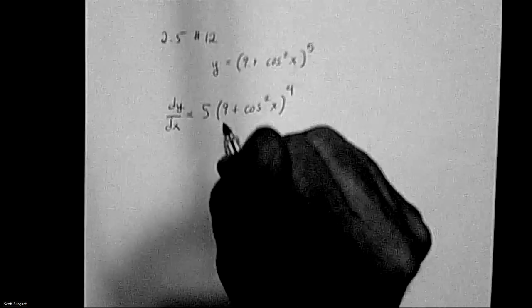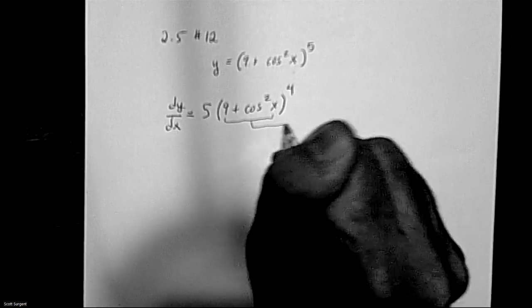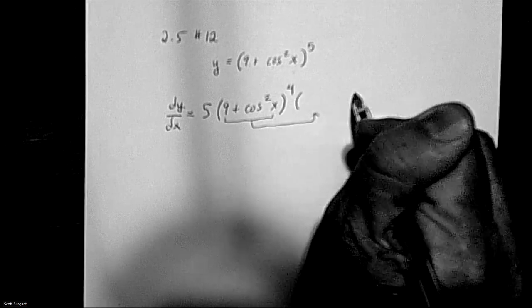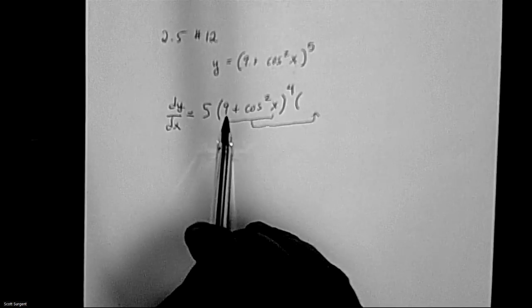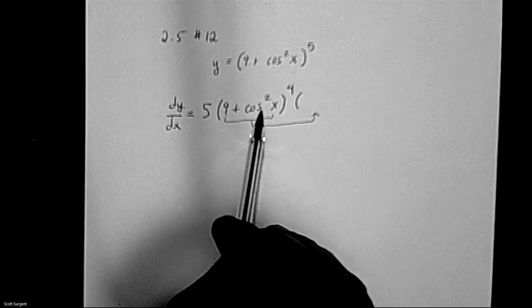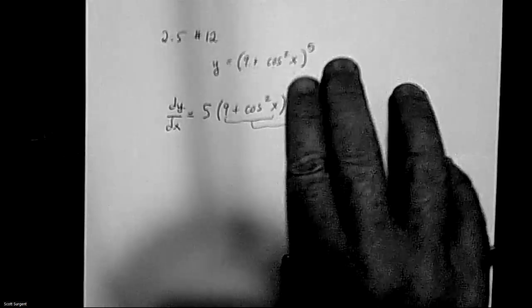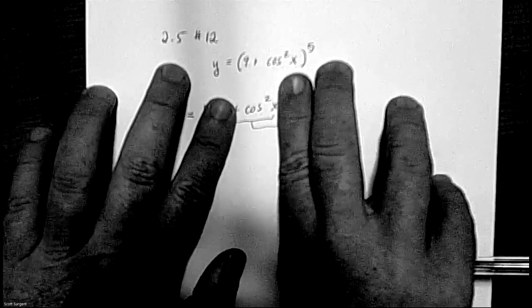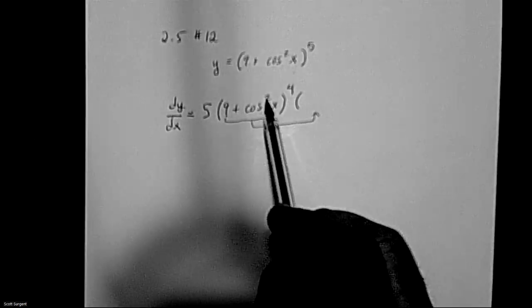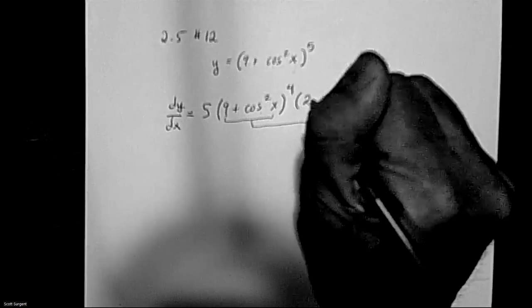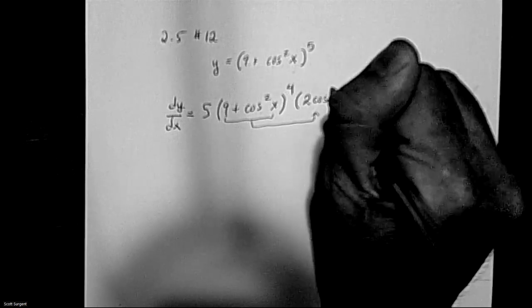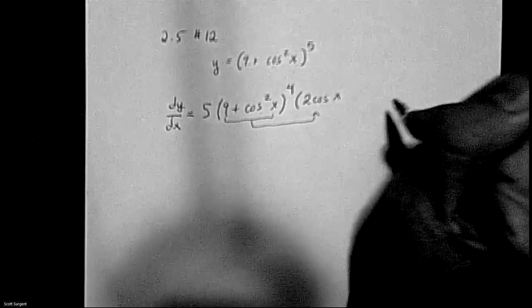And then the chain rule now comes into play. The derivative of 9 is 0. We don't need to write that. The derivative of cos squared: just treat that as its own problem. Pretend everything else doesn't exist for a moment. You bring the 2 down in front. It'd be 2, and then actually cos 1 of x, but I'm not going to write the 1.